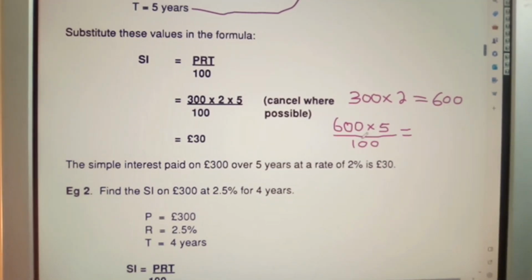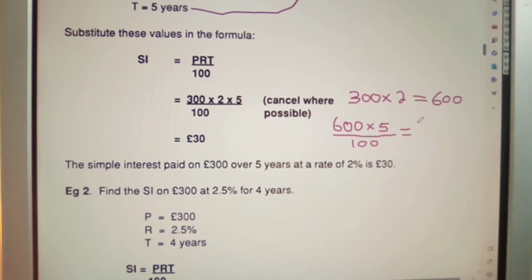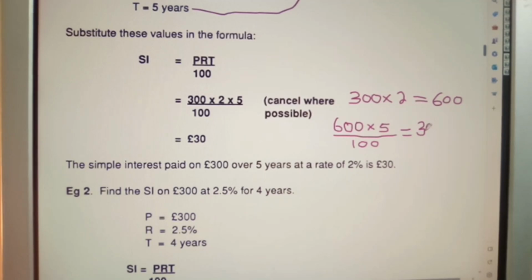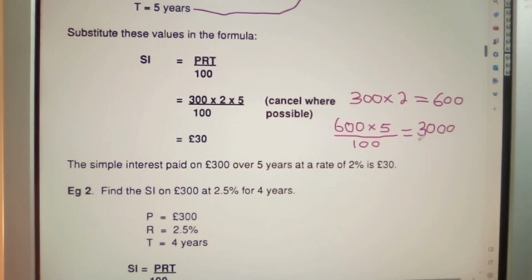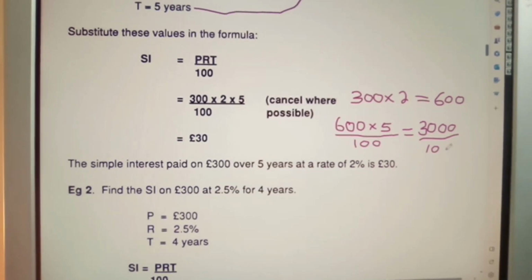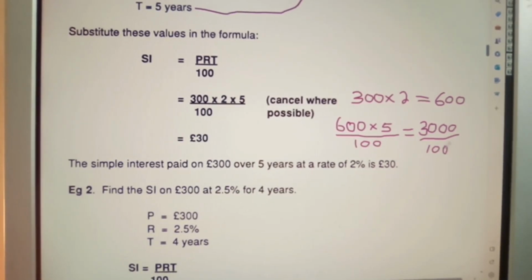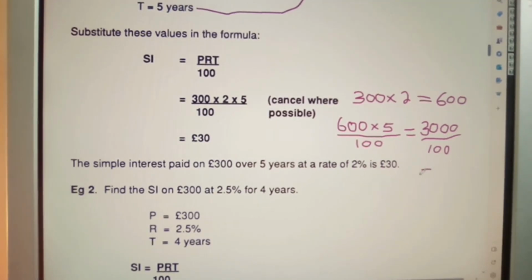Now that then equals 600 times 5 equals 3,000, over 100, equals 30.